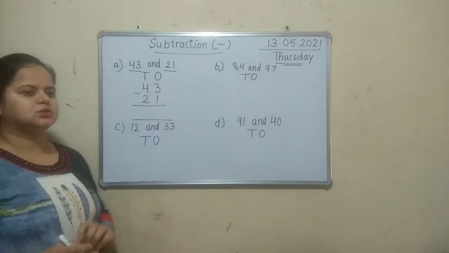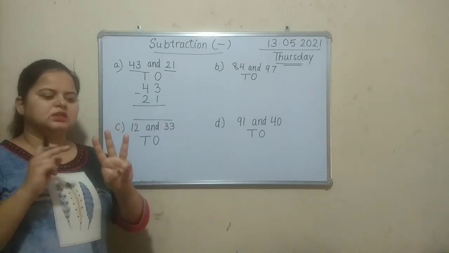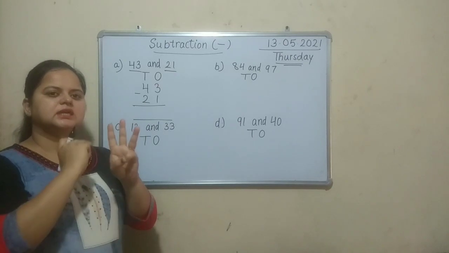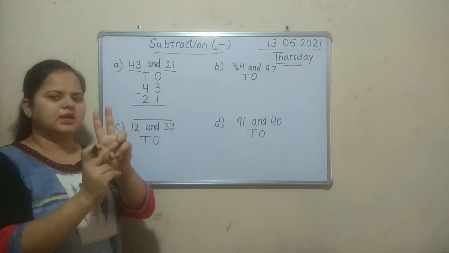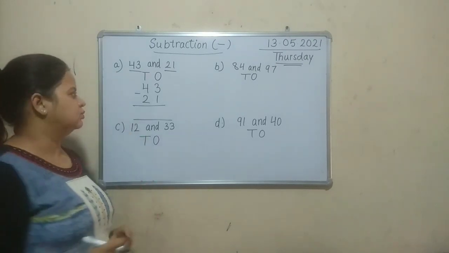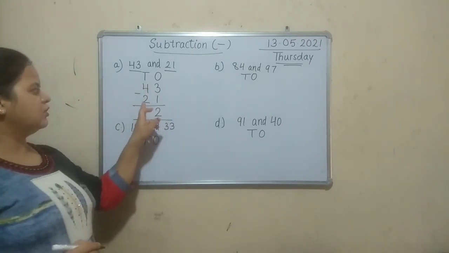3 minus 1. So we have to close one finger from these 3. So I have closed 1. Now I have left only 2. So we will write the number 2 here. 4 minus 2.